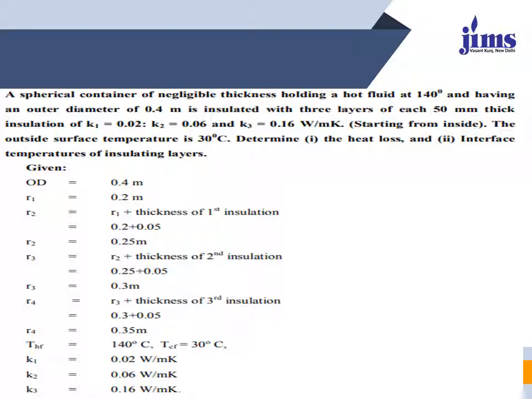The last given values are K1, K2, K3, because this spherical container is a composite container. So having conductivities K1, K2, K3 of 0.02 watt per meter Kelvin, 0.06 watt per meter Kelvin, and 0.16 watt per meter Kelvin respectively. So let us start the solution.